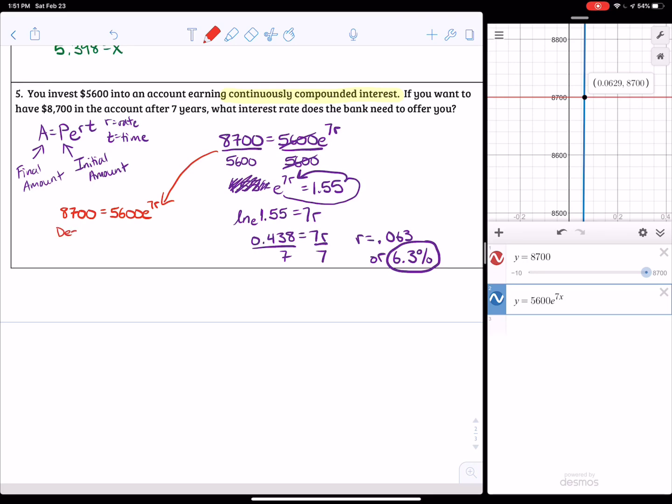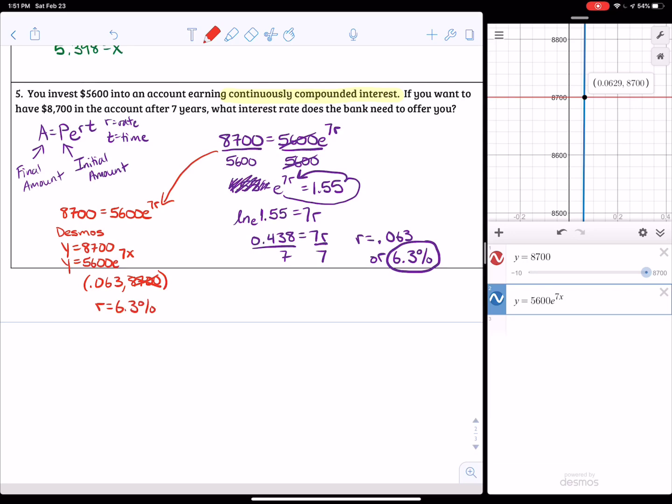So in Desmos, you could type y equals 8,700 and y was equal to 5,600 e to the 7x power. And then they touch at 0.063, 8,700, which we don't need that, and the rate was 6.3%.